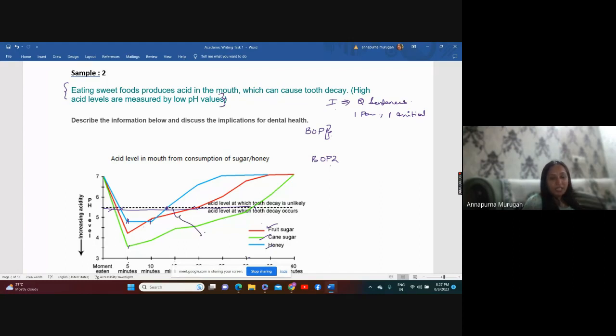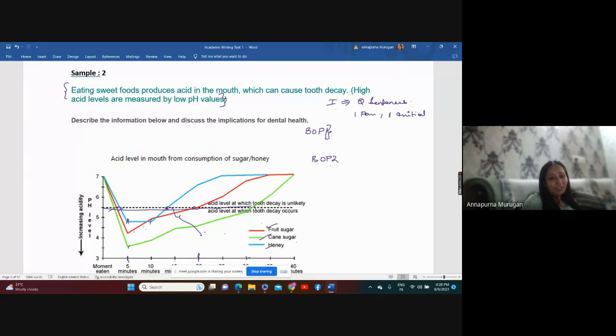On the whole, you say that for almost 10 minutes after the consumption of the sugar, this one honey or whatever it is, the pH level in the mouth drops to an extent where tooth decay is possible, while the consumption of the cane sugar witnesses the drop in the pH level for about 20 minutes. You can see here, below the threshold frequency.